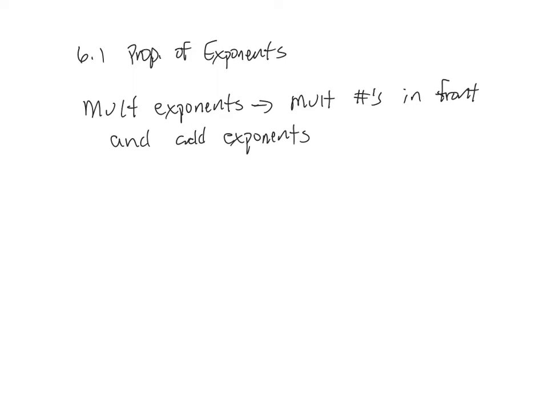Okay, so how do you know if you're doing a problem that is multiplying? It could look two different ways. So you could have the dot in the middle. So the numbers in the front, 2 and 3, we just multiply those together, 6, and then add exponents.